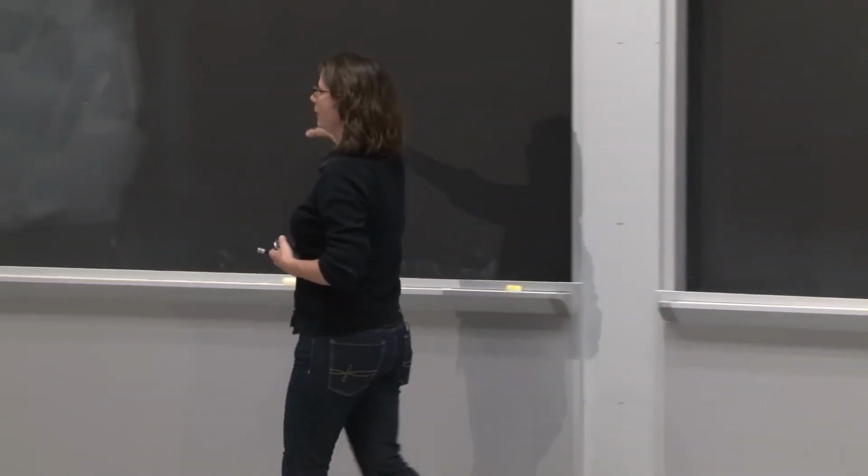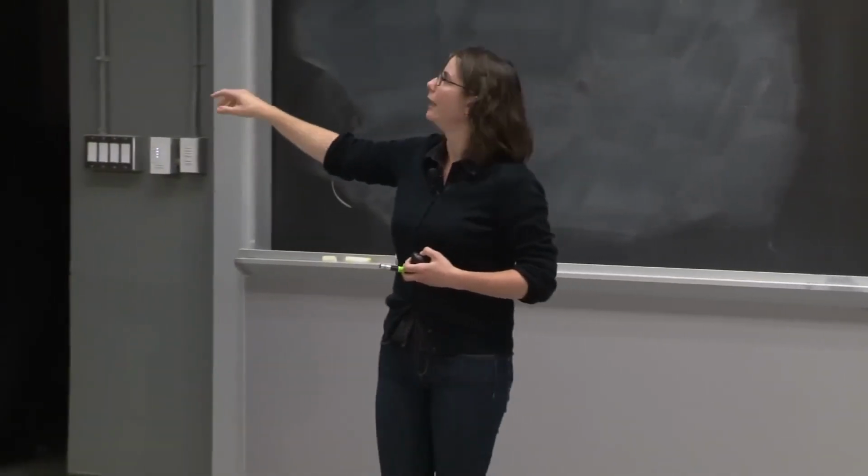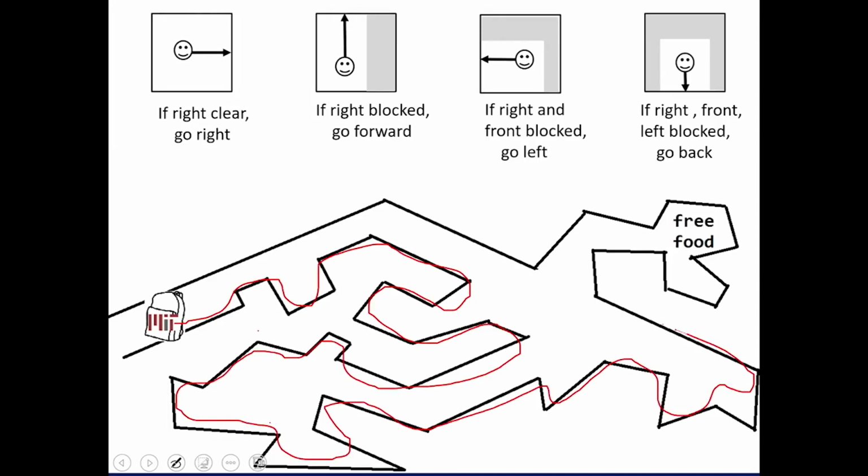If I keep going forward and there's a wall to my right and in front of me, I'm going to turn around and go left. Okay? And then if there's a wall to my right, in front of me, and to the left, then I'm going to turn around and go back. So with this fairly simple algorithm, I just follow the path, always keeping the wall to my right, and eventually I end up where I need to be.